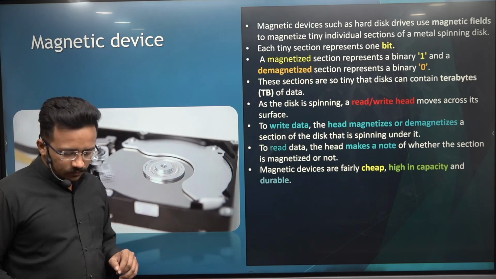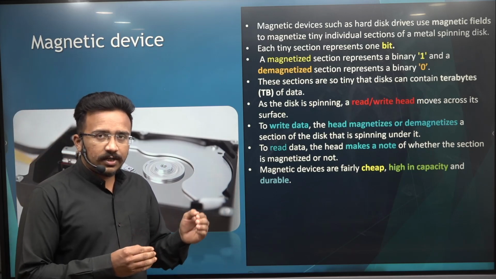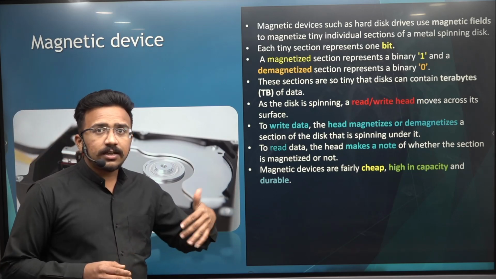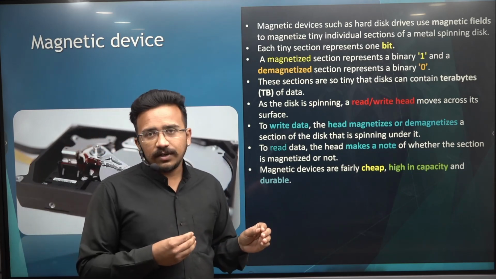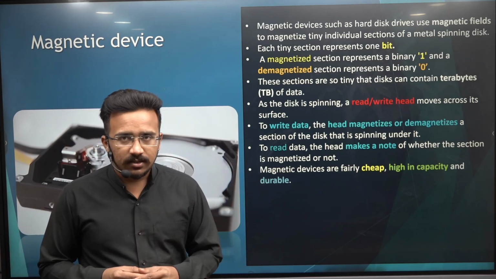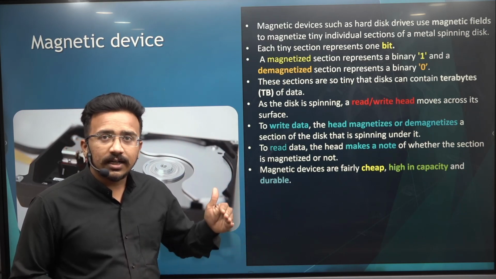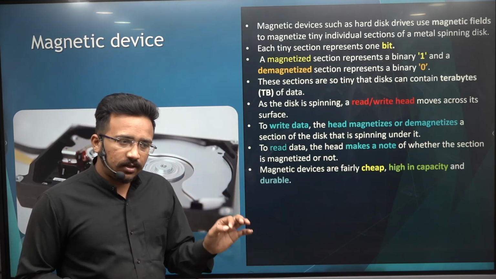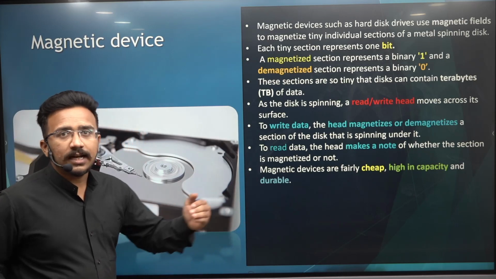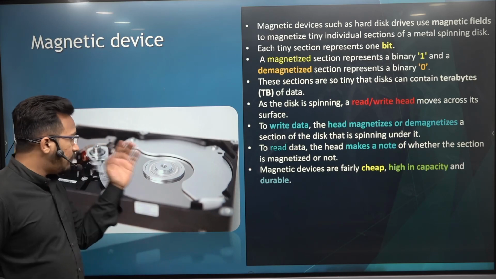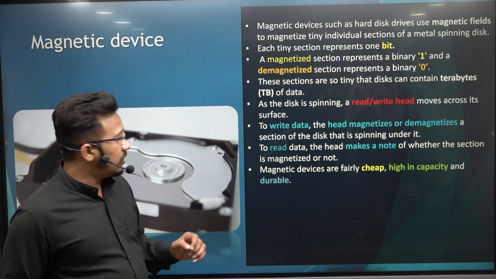The delay in reading and writing of data is known as latency. So this hard disk has a higher latency than the SSD. It takes a longer time to write and read the data because it has a mechanical moving part in it. So these are some disadvantages of the hard disk.